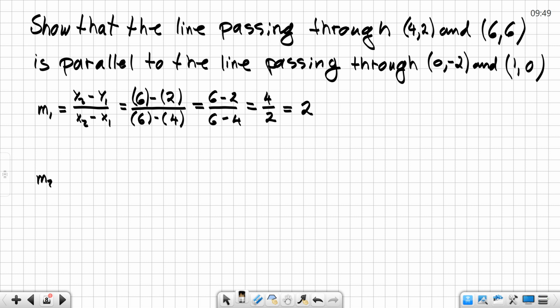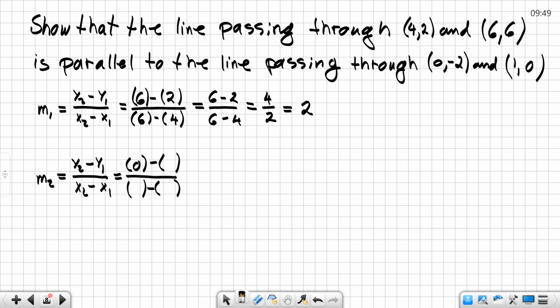Now I'm looking at my second slope. Same thing again: y2 minus y1 divided by x2 minus x1. Remember that it doesn't really matter which point is y1 and x1 and which point is y2 and x2. All right. As I mentioned, the safest way to do this is by placing parentheses and then opening up those parentheses later.